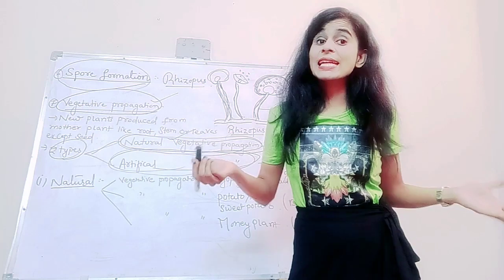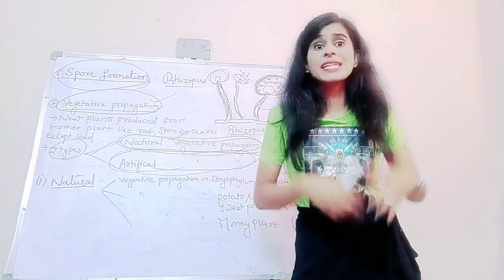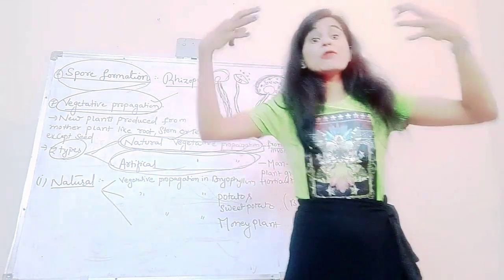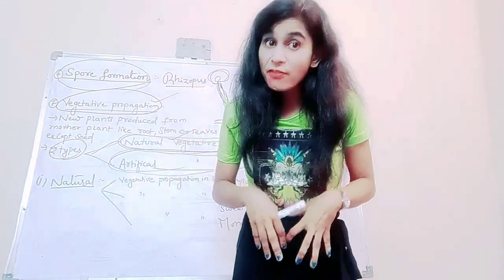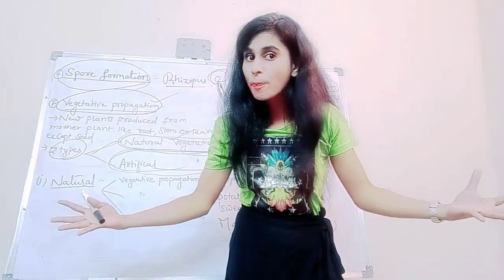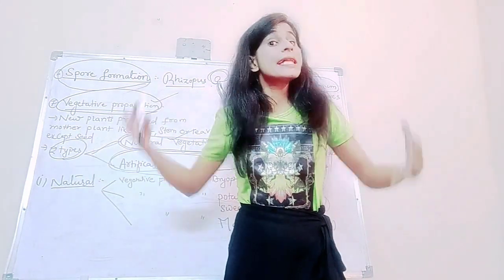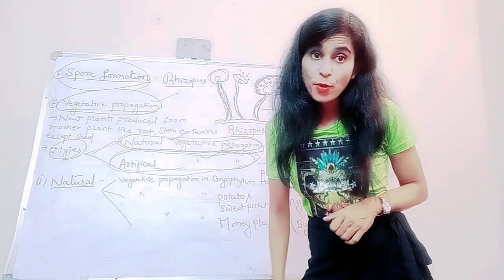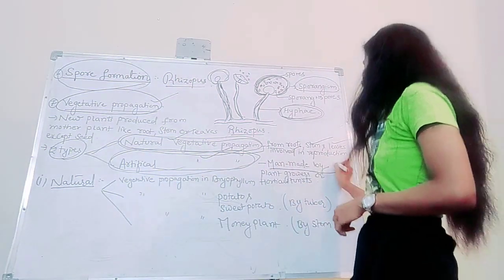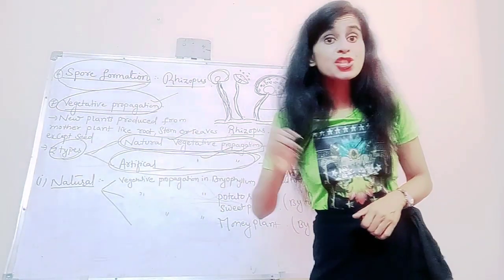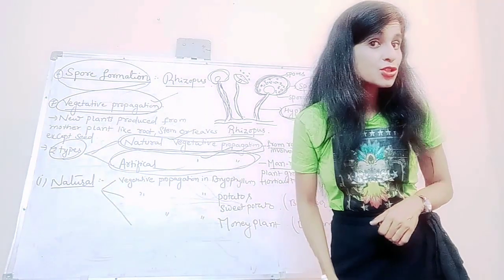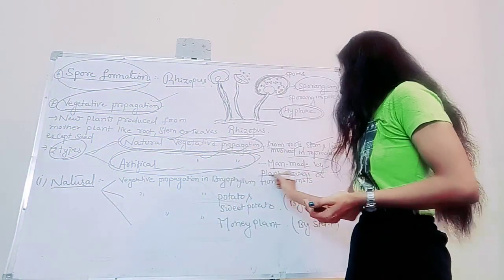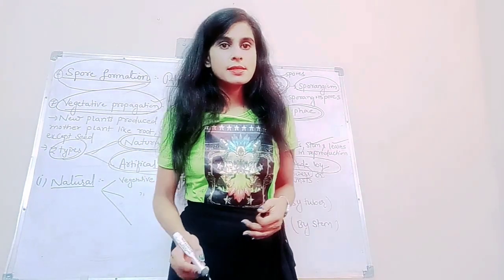And the second one is artificial vegetative propagation. What exactly is artificial vegetative propagation? It requires our help. It's a man-made propagation. When we involve ourselves to develop a new plant artificially, it is called artificial vegetative propagation. Horticulturists, you know who they are?